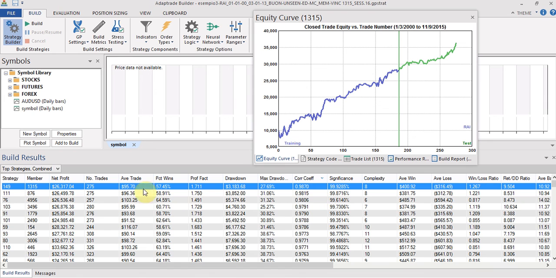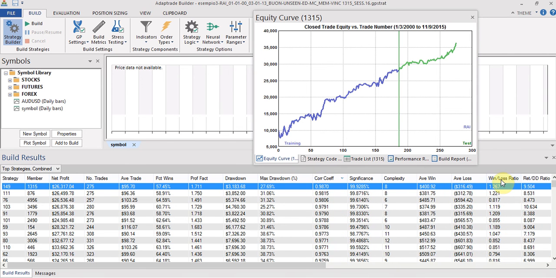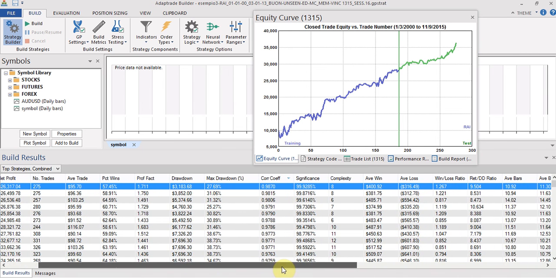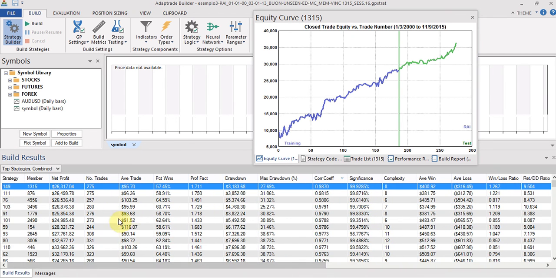Also, once again, I'm not discussing the metrics, which is another very important thing to keep in mind, such as profit factor and maximum drawdown percent. I always have a look at the win-loss ratio in combination with percent wins and other metrics which are really important to see.